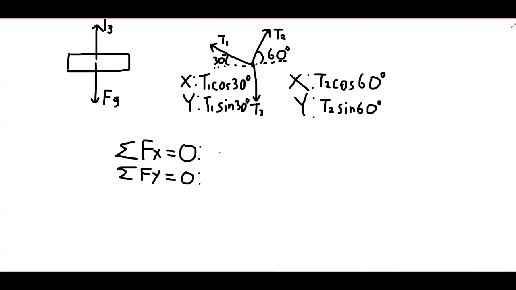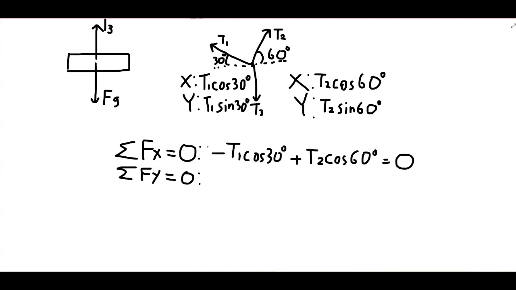So it will be minus, since it's pointing in the minus x direction. So minus T1 cosine of 30 degrees plus T2 cosine of 60 degrees needs to equal 0.